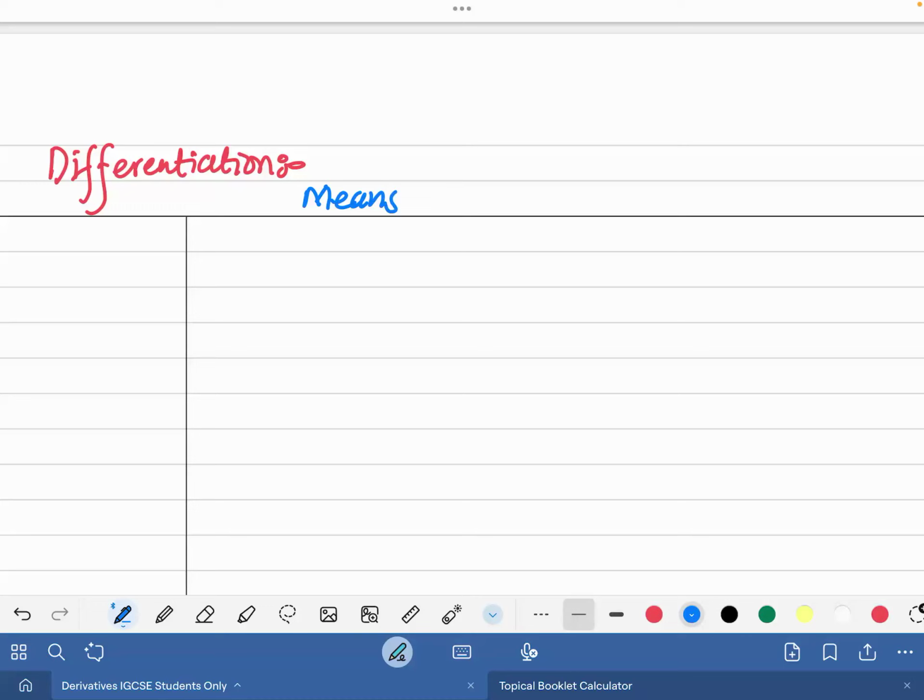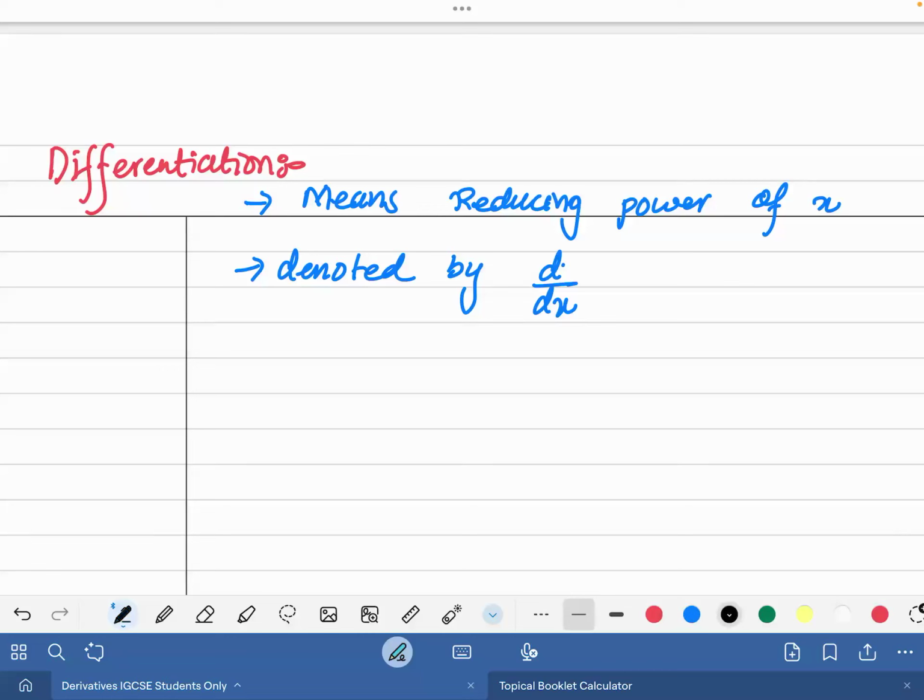Reducing power of x. It is denoted by d by dx, which is called derivative, जिसको हम d by dx को हम बोलते हैं derivative.